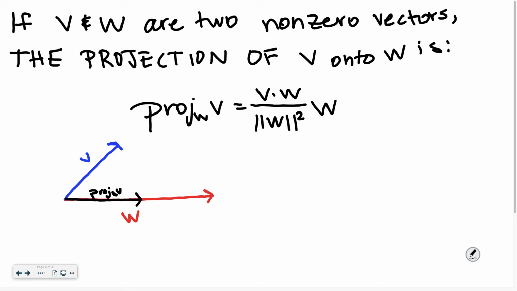As Haley was saying, if they were perpendicular to one another, would there be no projection? Because the light is shining at the very top. And what would our dot product be? 0. Our dot product would be 0. So then we would have 0 times our vector. Yeah. Why is the light on the very top?